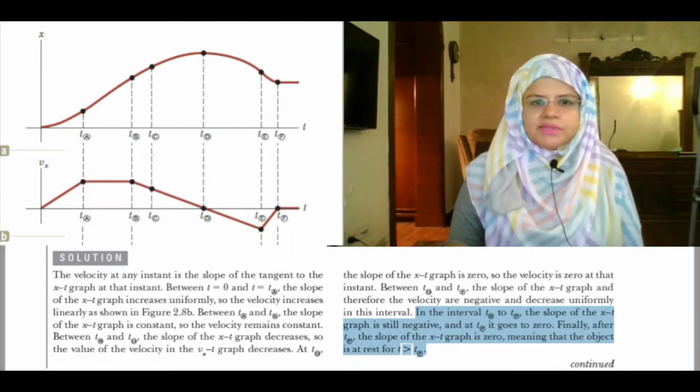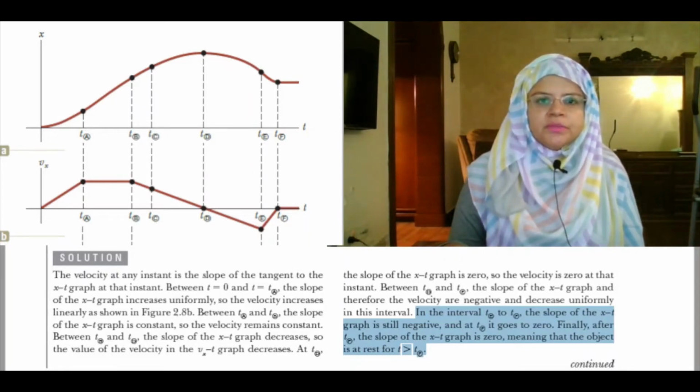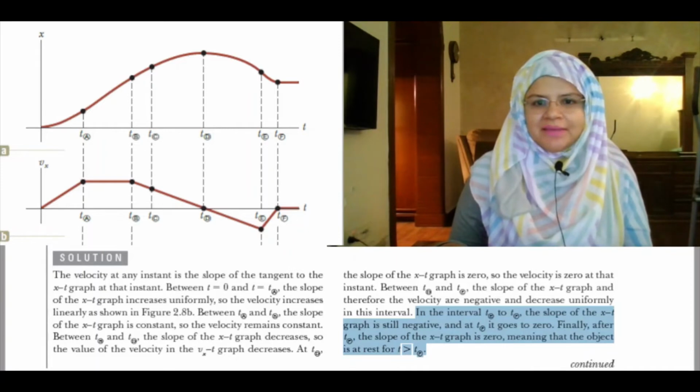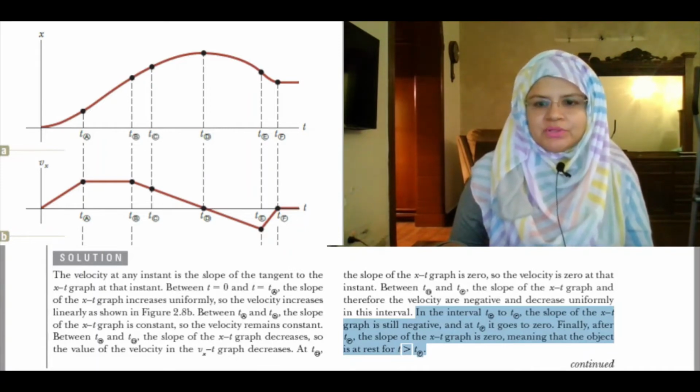However, it becomes less negative with time. After the point tf, the position time graph shows that the position remains constant. Therefore, this shows that the velocity is 0 because the slope of the position time graph is 0 and the object is at rest. To summarize, the slope of the position time graph gives us the value of the velocity.